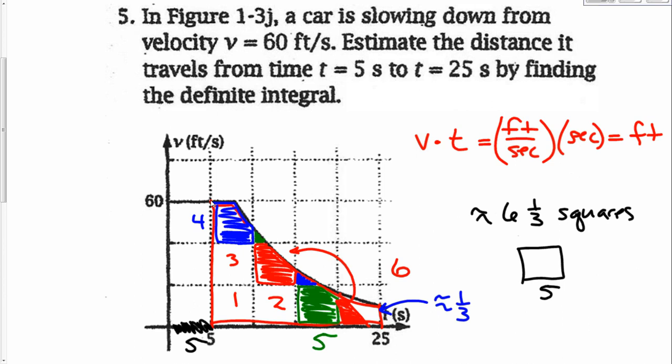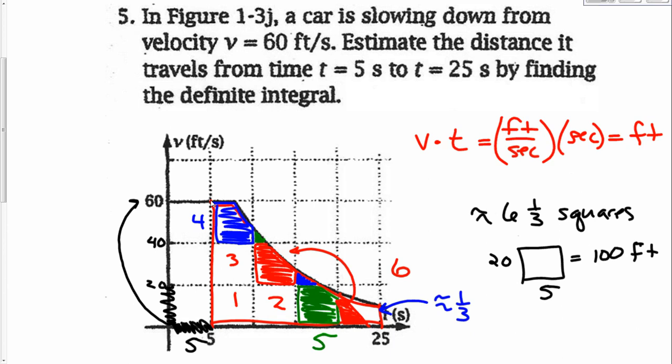And then the y-axis, I don't know how much that is, but all the way up to here is 60. 1, 2, 3, I have 3 sets, which means this must be 20, this must be 40 to get me to 60, which means the y value is 20. So the area of this particular square should be 5 times 20, which is 100, and the units for the square would be feet. So I know I have 100 feet in each square.